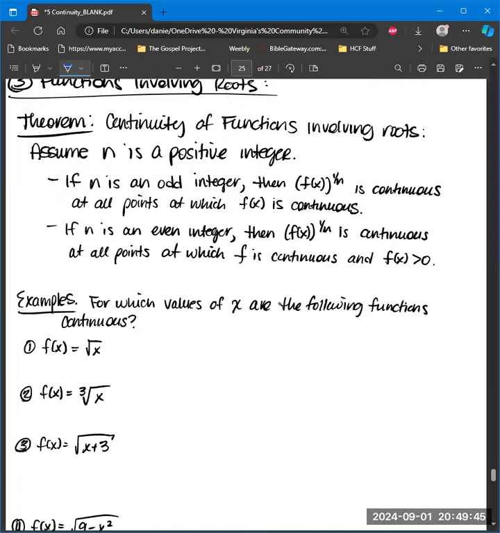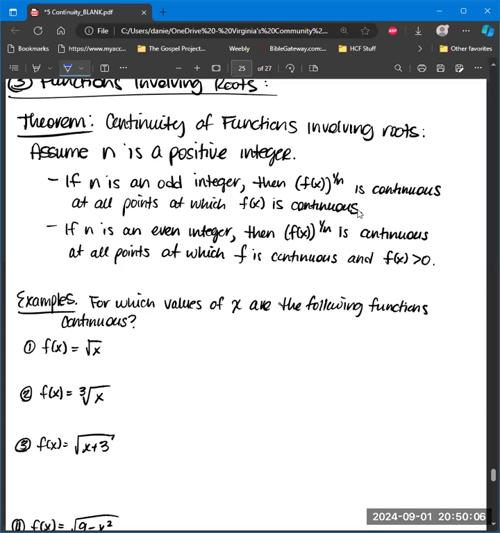All right, with functions involving roots, if n is a positive integer and n is an odd positive integer, then the function f of x raised to the 1 over n is continuous at all points for which f of x is continuous.